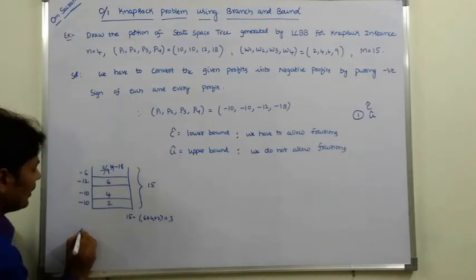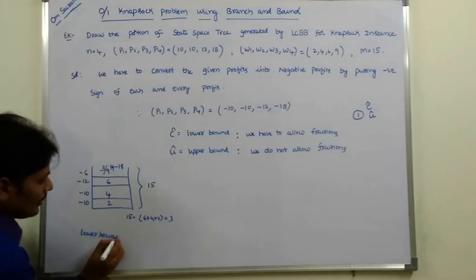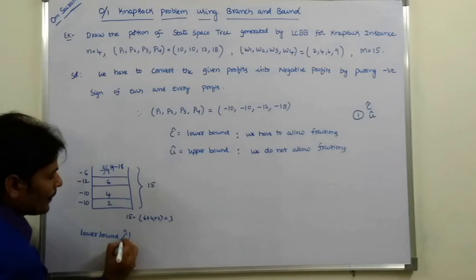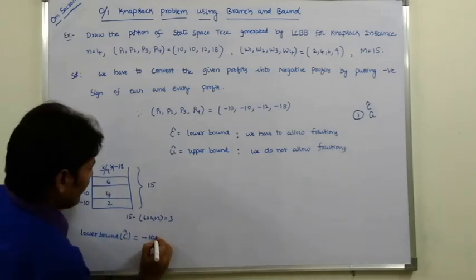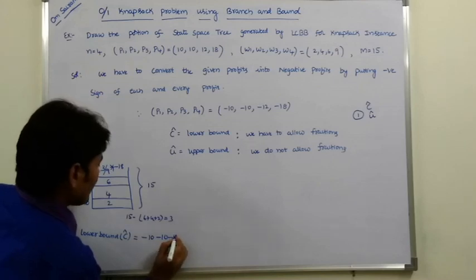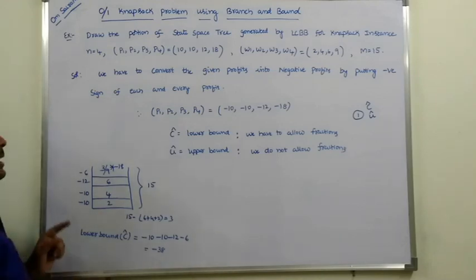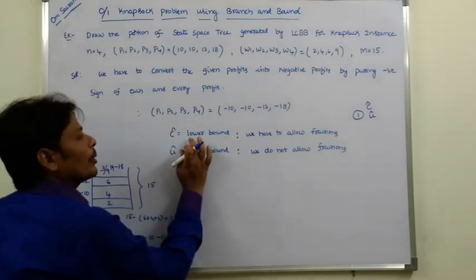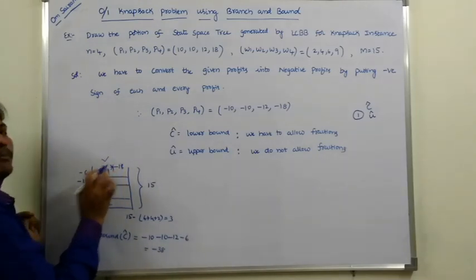So therefore the lower bound C cap is equal to minus 10, minus 10, minus 12, minus 6. That is minus 38. Okay. So while calculating lower bound, we have to allow fractions. So this is the fraction part.